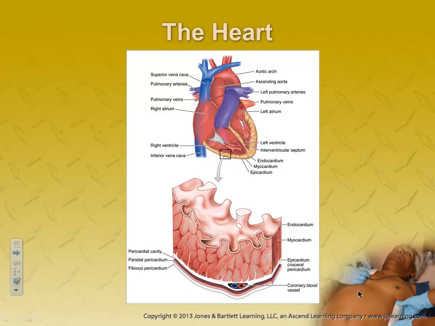The ventricles are separated by the interventricular septum, and then you got the left ventricle, which is a lot more muscular. Why? Because it has to pump against what? Yes, the systemic vascular resistance. Also can go hand in hand with what term? Afterload.